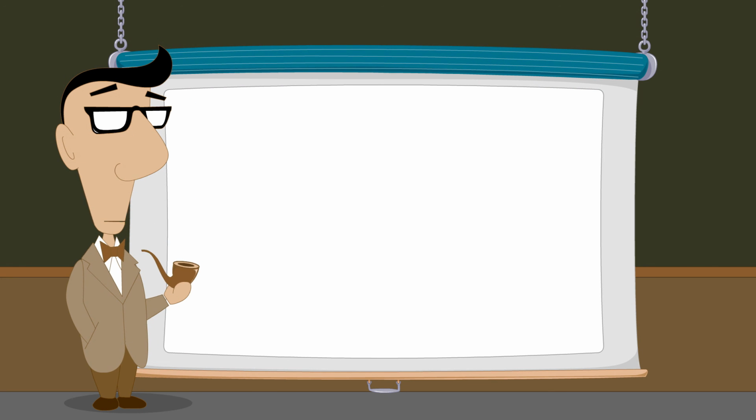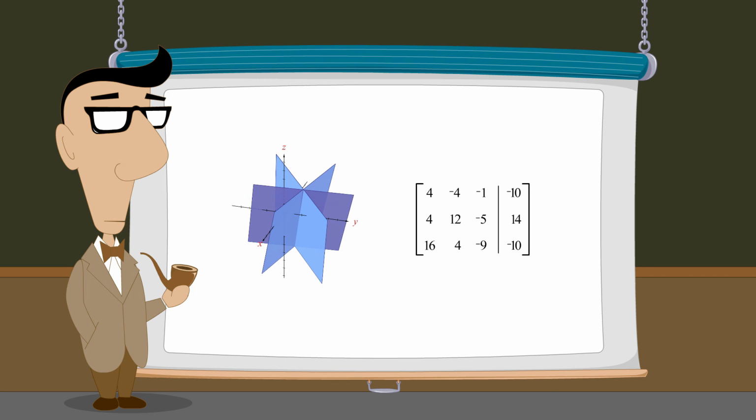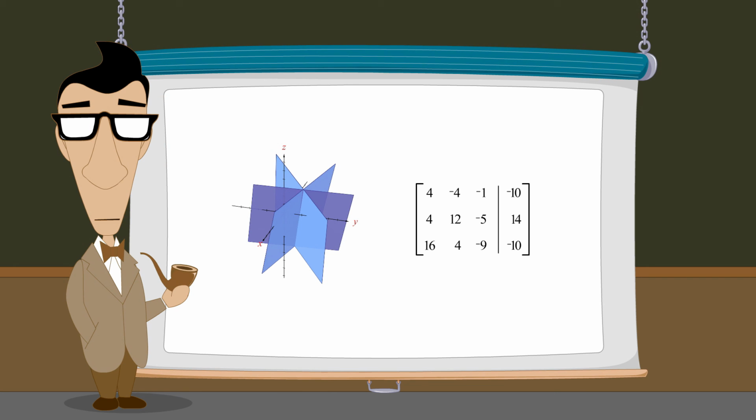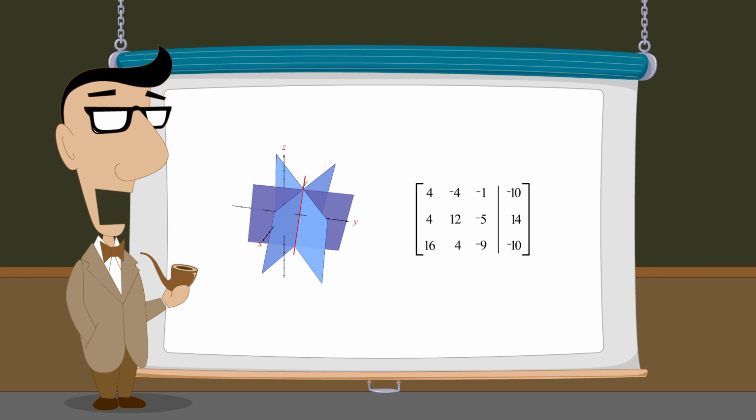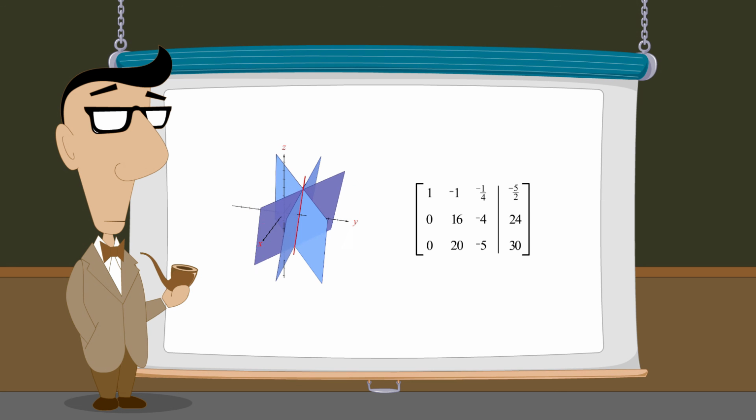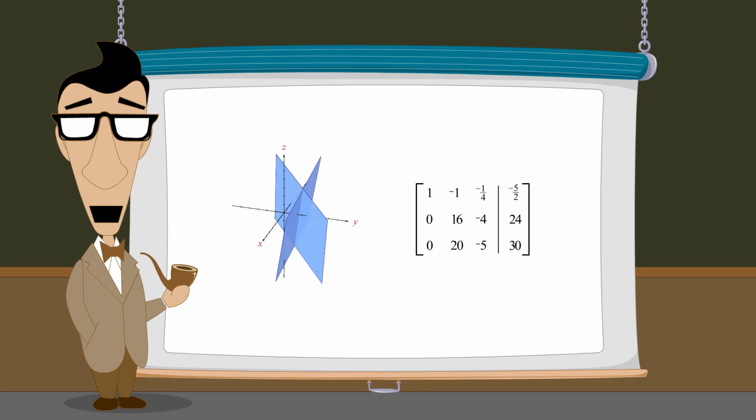So, although this system initially contained 3 distinct planes, because all 3 planes shared a common line of intersection, when Gauss-Jordan elimination caused planes 2 and 3 to rotate around this line to become parallel to the x-axis, planes 2 and 3 became identical.